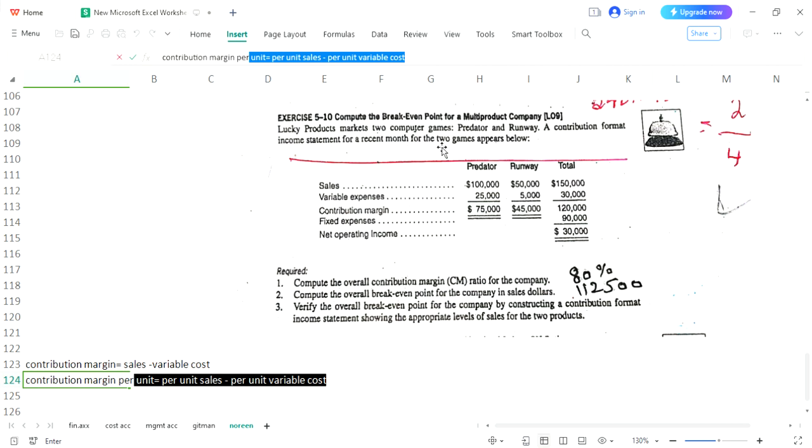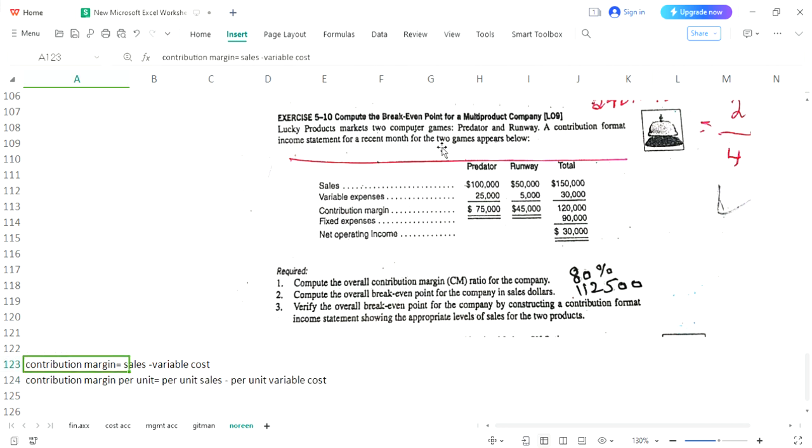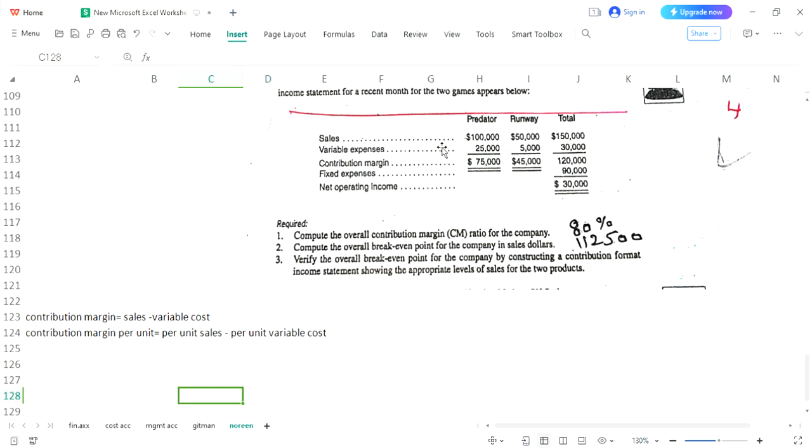The same formula will be used, but since contribution margin is per unit, you will use per unit sales and per unit variable cost. In this way, you will calculate your contribution margin.